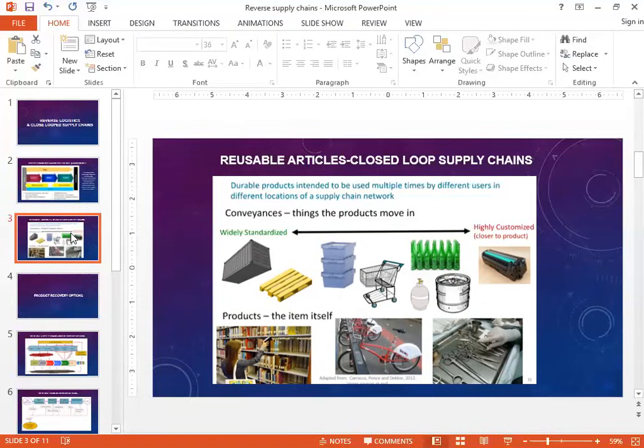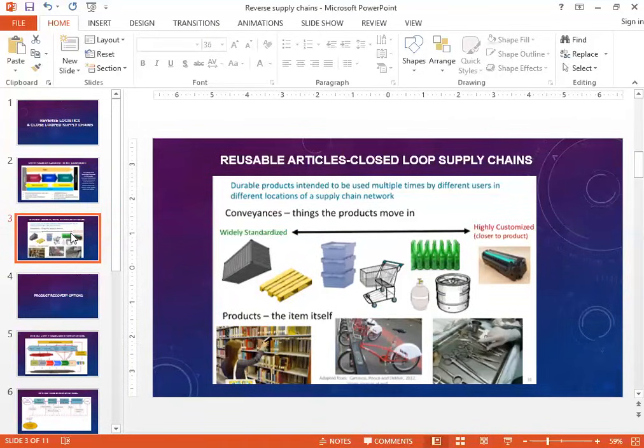Reusable articles are basically durable products intended to be used multiple times by different users in different locations of a supply chain network. So again, that definition sounds like a lot of words thrown at you, but I will explain exactly what it means in a little bit.